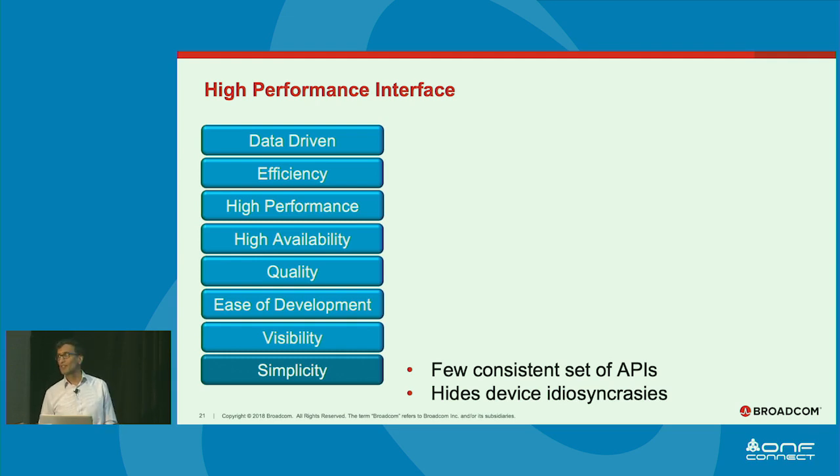When you're building ASICs of this size, right now into tens of billions of gates, they have a tremendous amount of functionality. There are not only bells and whistles that are really cool to use, but they also come with some idiosyncrasies that are a little complicated and can create a lot of complexity in your code. By creating these logical tables to hide those idiosyncrasies, it does simplify quite a bit.